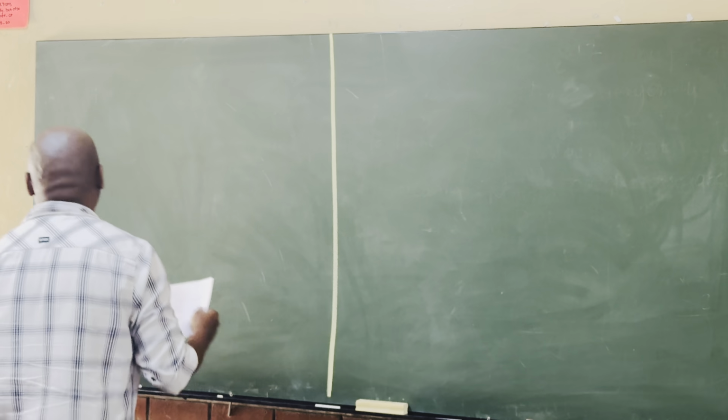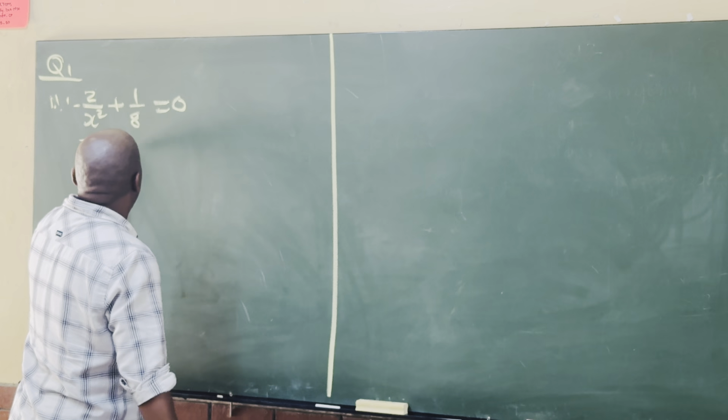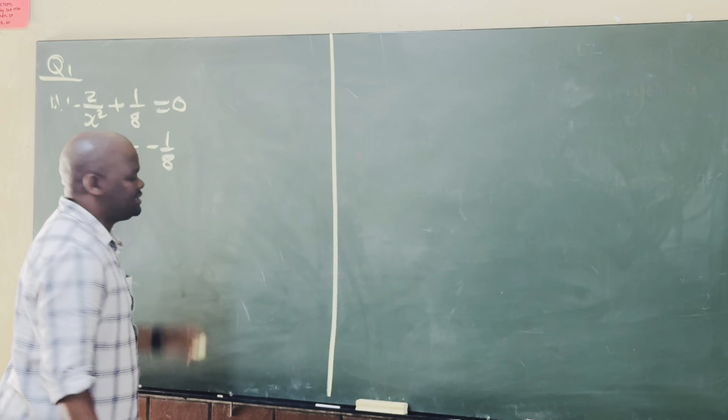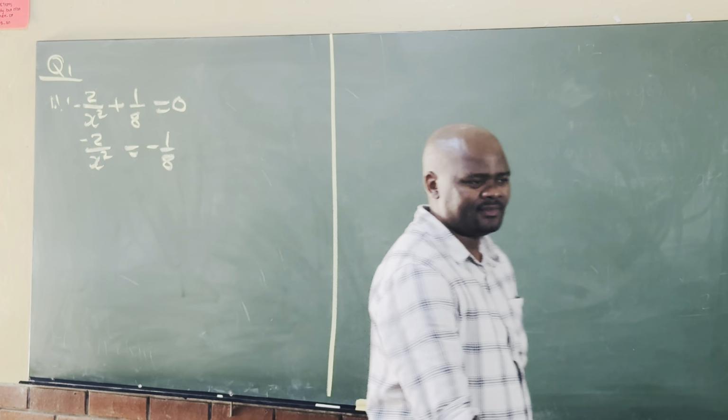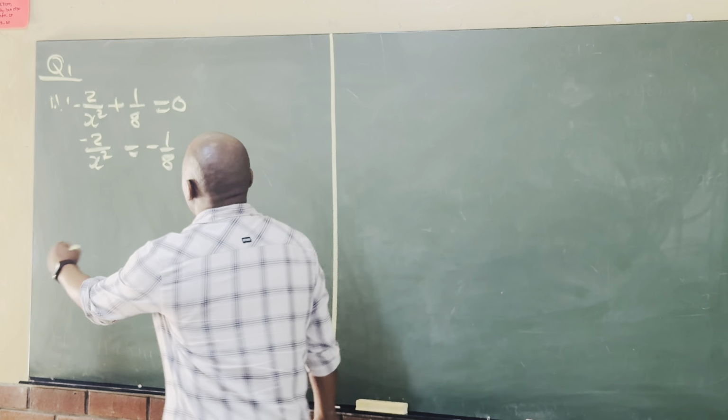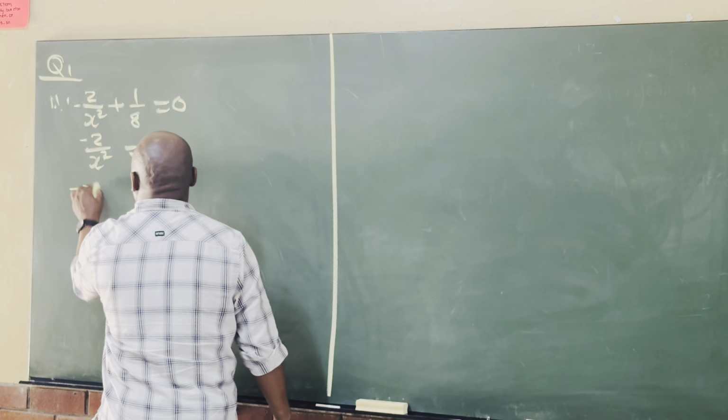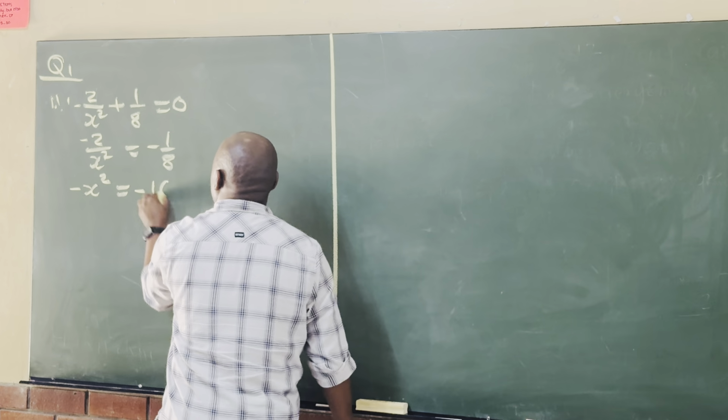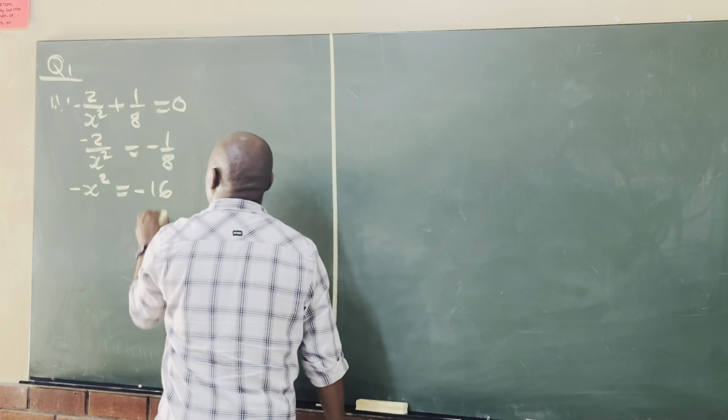We transpose 1 over 8, which means we'll have negative 2 over x squared is equal to negative 1 over 8, and then cross multiply. So we are going to have negative x squared is equal to negative 16 divided by negative 1, which means we'll have x squared is equal to positive 16.